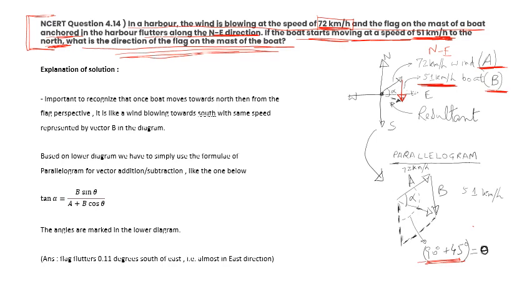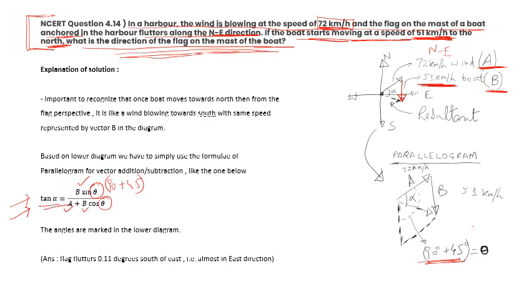Now looking at the formula that we'll use for this question, given here on the left hand side, theta is the angle between the two vectors, so that is 90 plus 45. We know the values of the two vectors A and B, so we can find alpha. What is alpha?